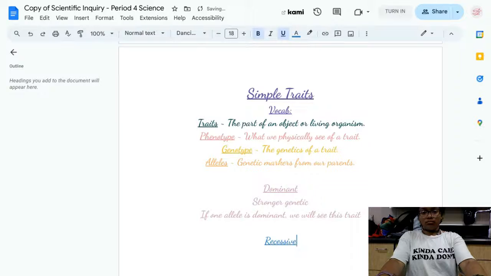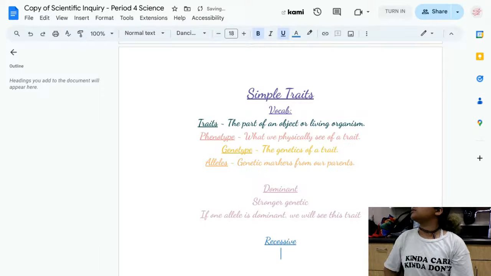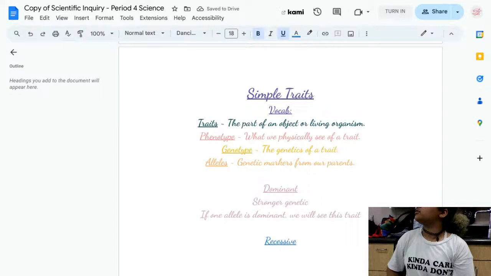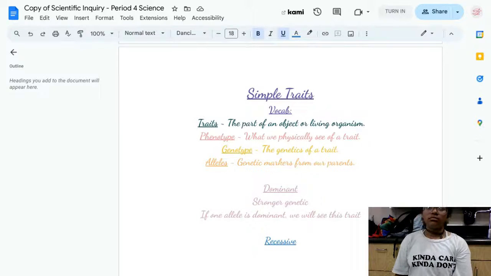So if that's dominant, what is most likely? Things that are hidden and you can't really see, genetic-wise. If it's not strong, it's going to be weak. Weaker.